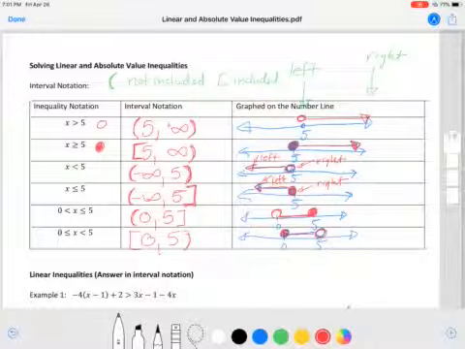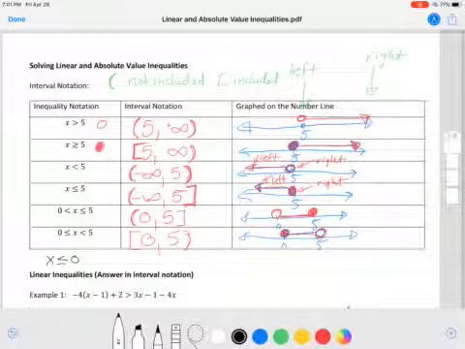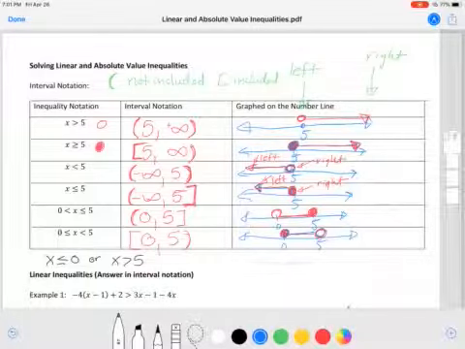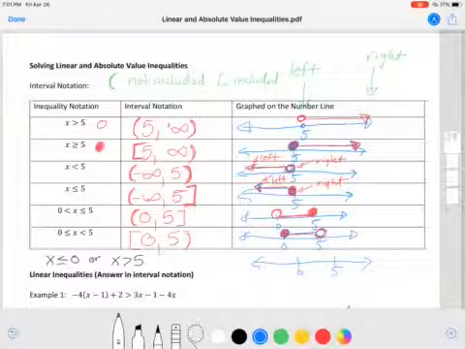Now, I'm going to add actually one more example here. I'm just going to switch this and write, like say, x is less than or equal to 0, or x is greater than 5. If I write this on the number line, I have less than or equal to 0. So I'm including 0. This time I'm saying less than 0.